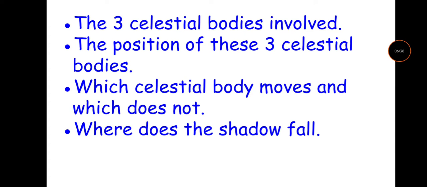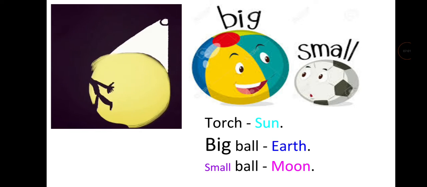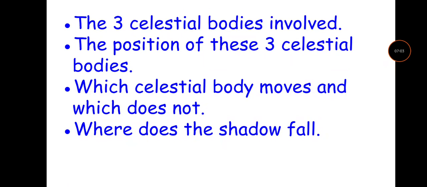We will discuss later where the shadow falls, but you can write the answers of the rest of the questions. To answer these questions, you can read the section on solar eclipse and lunar eclipse. It would be easy to answer these questions then.